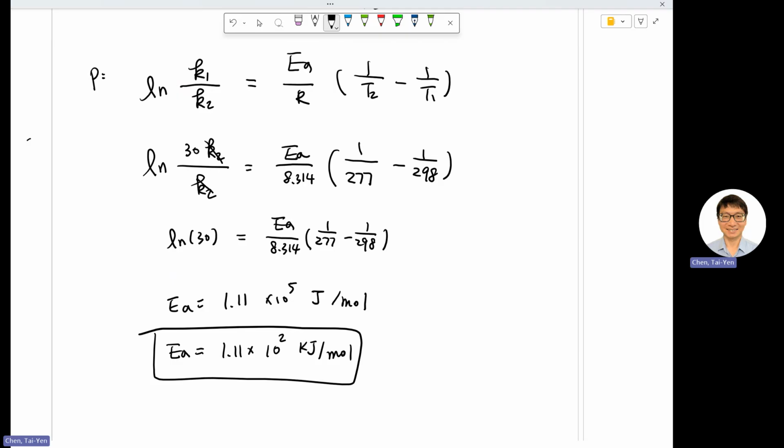It says at 25 degrees C, the rate is 30 times faster. That means your K at 25 degrees C is 30 times the K at 4 degrees C, so you can just write K1 equals 30 times K2. Once you do that, you plug into the equation, and you realize that the value of K2 doesn't matter because it cancels out. You just solve the equation and get the correct answer. Quite straightforward. Any questions for this?